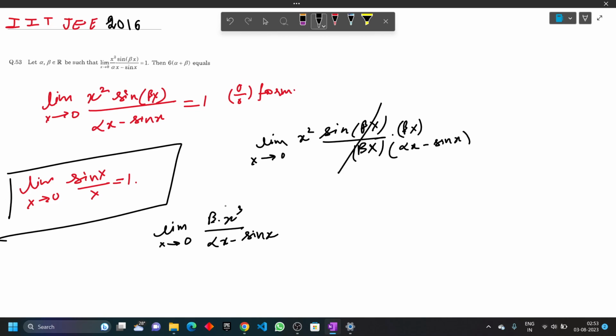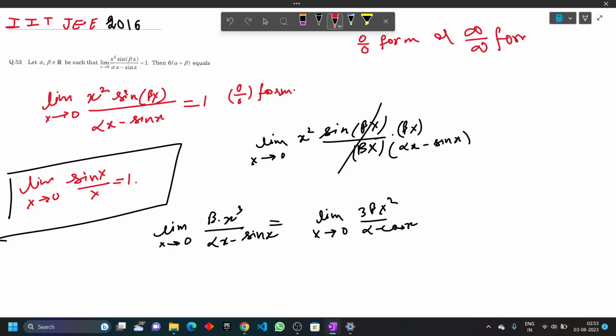Now again this is 0 by 0 form, so I'll use the basic L'Hopital rule. So this becomes limit x tending to 0, 3 beta x square upon alpha minus cos x. Those of you who don't know what L'Hopital rule is: basically if a limit is in 0 by 0 form or infinite by infinite form, we use L'Hopital rule.